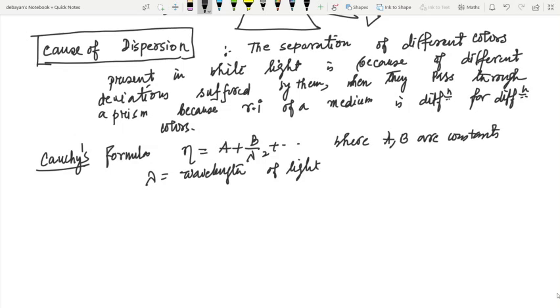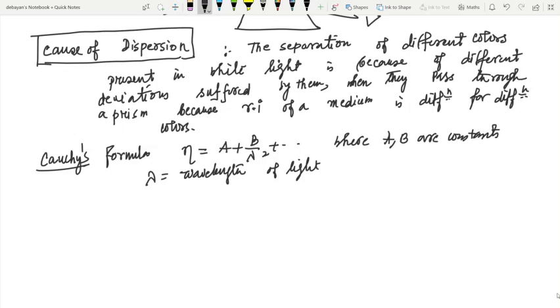So red color deviates least and violet color deviates more. So violet color is seen at the bottom and red color at the top of the spectrum of white light.